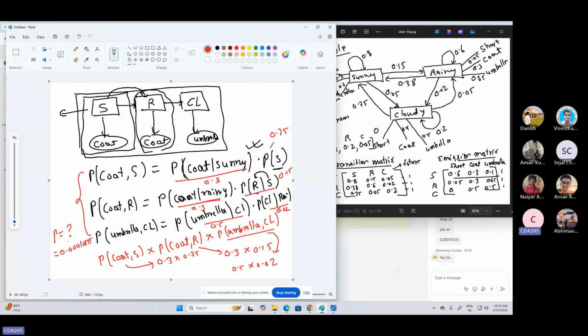So this way we can calculate the probability from P1 to P27, and the condition which has the max probability among P1 to P27 is the right hidden state for this observed state. Understood what I told? We will calculate the probability from P1 to P27, and whichever is maximum will be the hidden state for this condition.